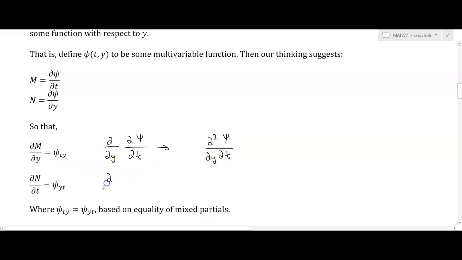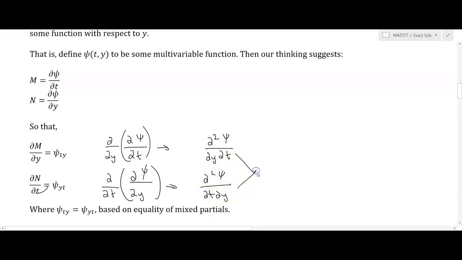And then if you take the partial derivative with respect to t of n, well, what is n? n is the derivative of psi with respect to y. So that means this comes out to the second derivative of psi with respect to t and y.